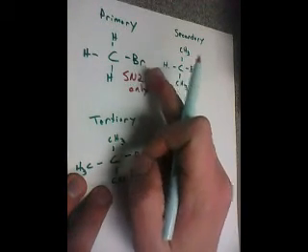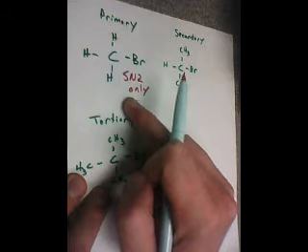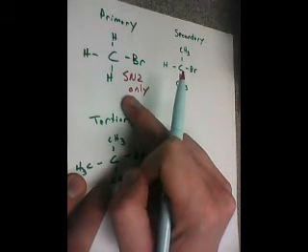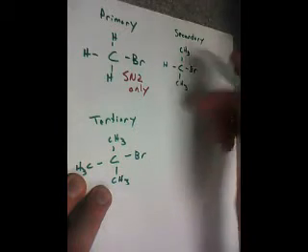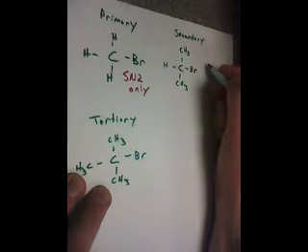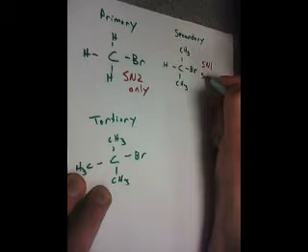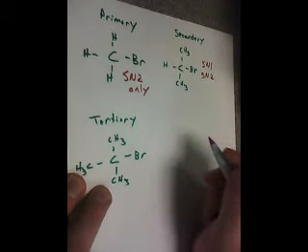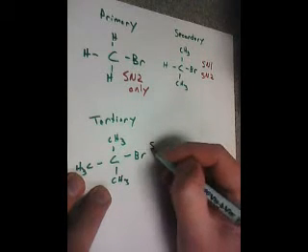But they just aren't able to do that. So these primary ones are going to proceed by SN2 only. Now we're going to see that secondary are going to proceed by a mix of both SN1 and SN2 mechanisms, and there's no necessarily easy way to predict exactly which one it will do. And then the tertiary is going to be SN1 only.